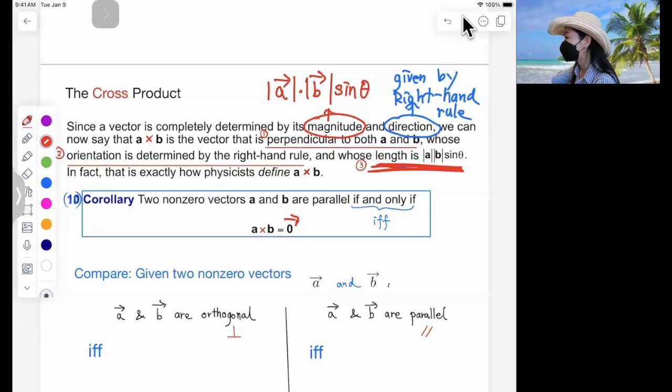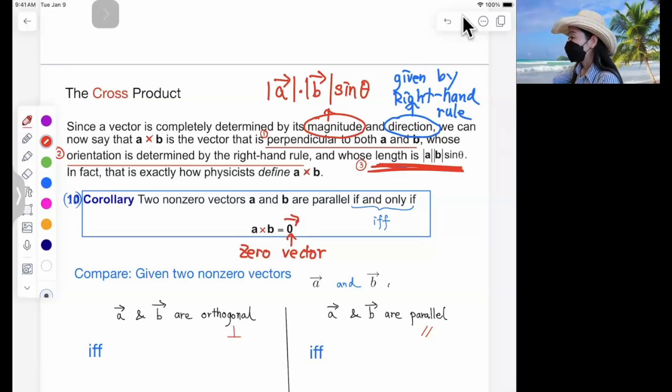What will be the angle theta between them? Zero or pi, right? What's sine of zero? What's sine of pi? Zero. So when they're parallel, the sine of the angle will be zero, and the whole thing will be zero. So you have a magnitude of zero, and that is a zero vector. See here, the result of a cross product is actually a vector. It's a zero vector.